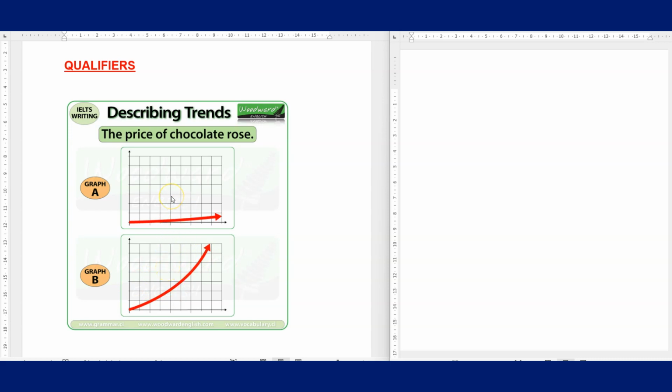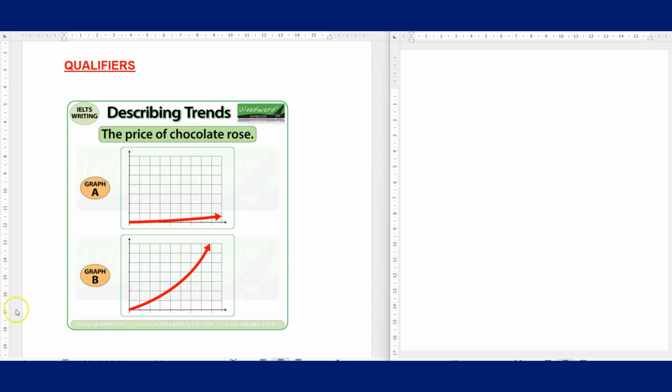You can see that graph A rose, but there is a difference between the rate at which graph A rose as compared to graph B. There is a very, very huge difference. If you say that the price rose without giving any accurate rate, then you are not doing any good to yourself.